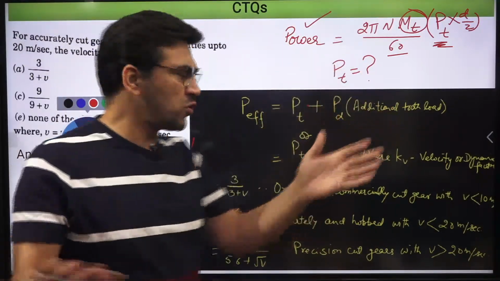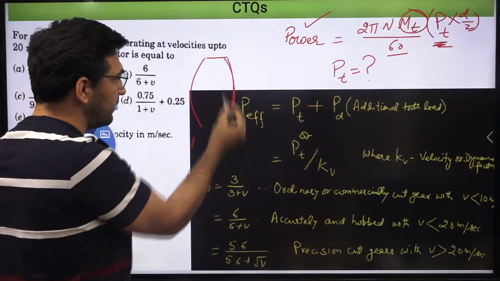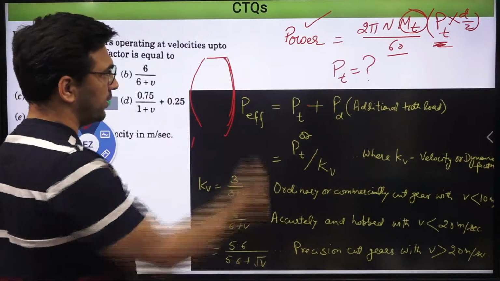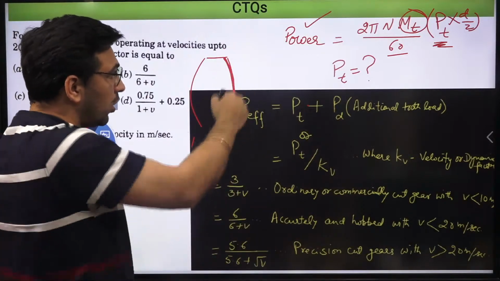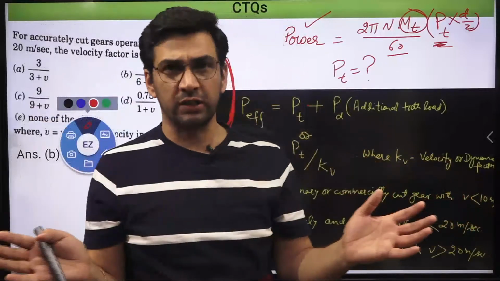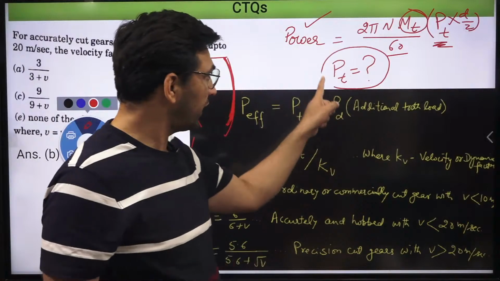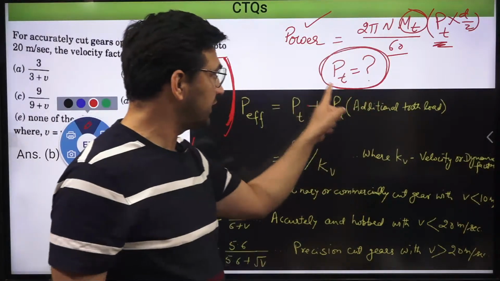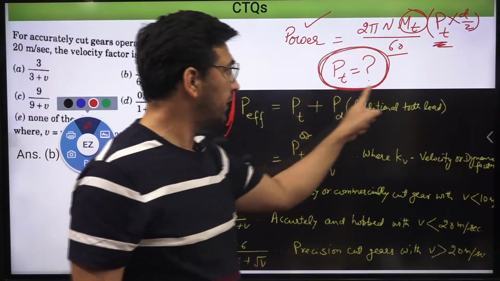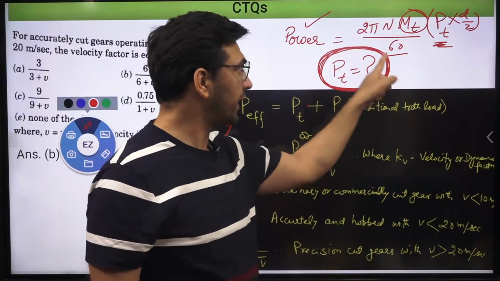That if I am assuming that the gear tooth profile that I'm having over here is, let us say, perfect, right? There is no inaccuracy over there. Or also when we are mounting the gears, there is no misalignment or any other factors. That means theoretically, if I ignore all other factors, then this is the tooth load, the tangential tooth load acting on the gear tooth.